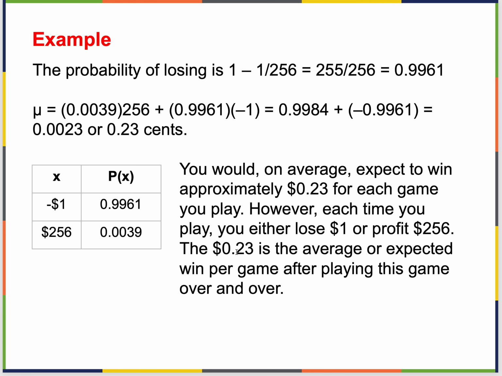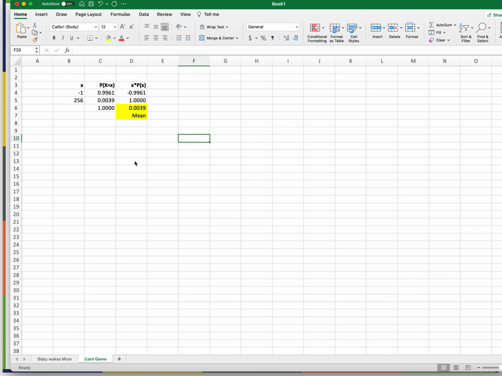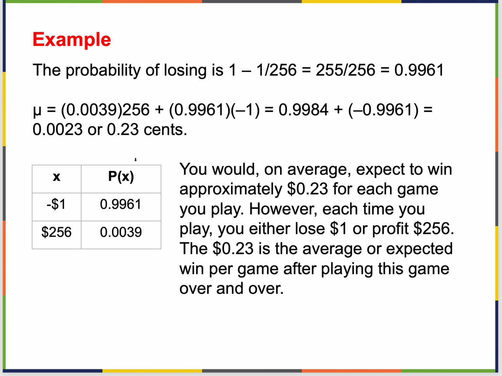So the 0.23 is the average or expected win per game after playing this game over and over. I don't know if that's necessarily true, because they got 0.0023. What do we get? We got 0039. So I think we did something wrong, or they did something wrong.